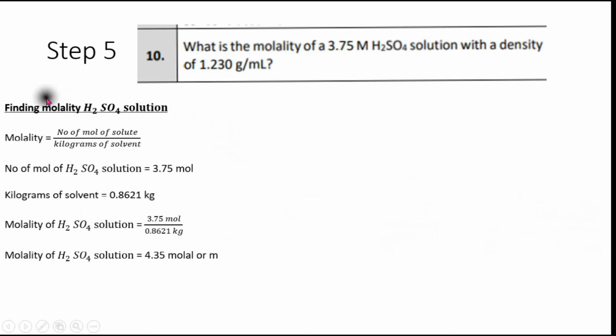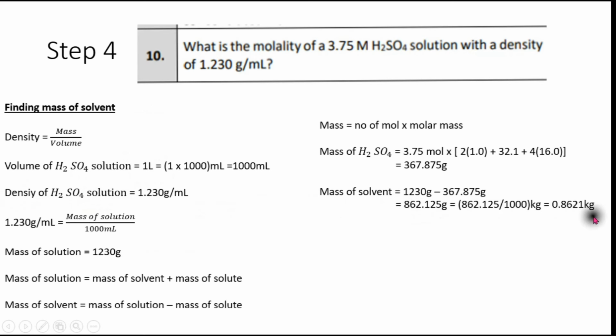And step 5 is the final step, finding the molality of the H2SO4 solution. Here's the formula: number of mole of solute, which is the number of mole of H2SO4, which is 3.75 mole we got from the assumption, and we also have the kilograms of solvent we calculated just now over here.